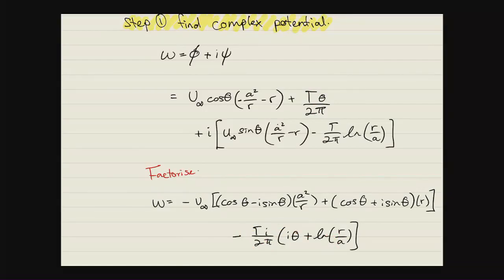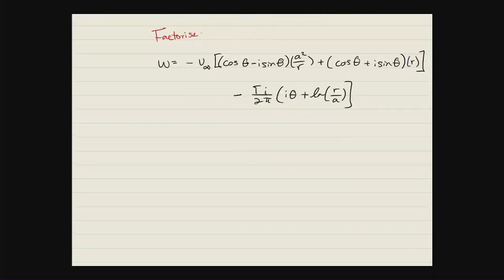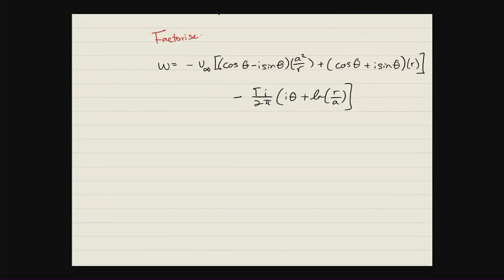Right, now I want to put it in terms of cosine plus i sine, because I know, well, hopefully you all remember that, what's that equal to? Cosine theta plus i sine theta, what's that?